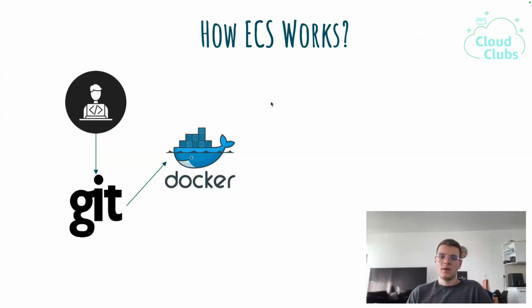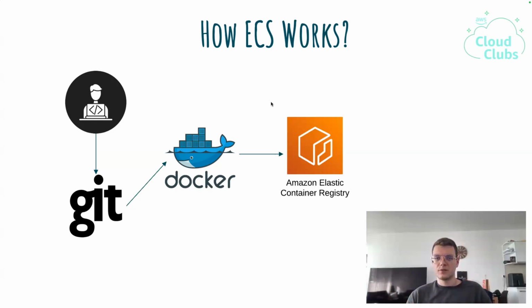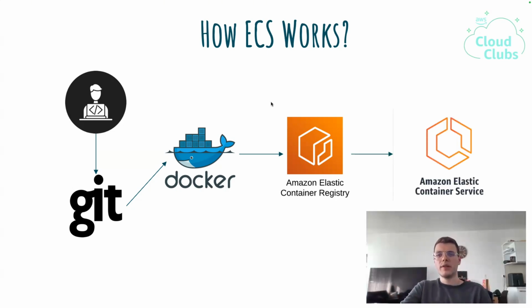So in this example, we use the Amazon Elastic Container Registry, because we can create private repositories and give access to certain AWS services to pull our images and keep our code and our work secure. And finally, this is where ECS actually comes in. It comes and pulls our ECR images to deploy them, to scale them if needed, and so on.